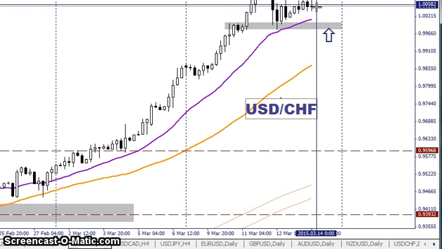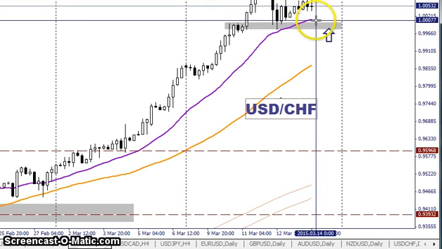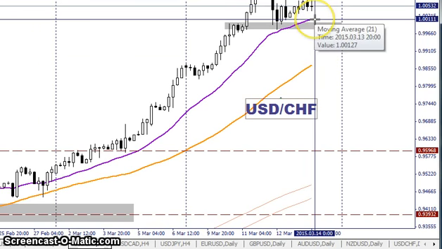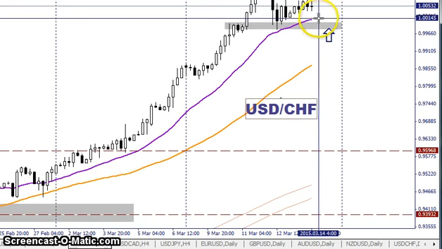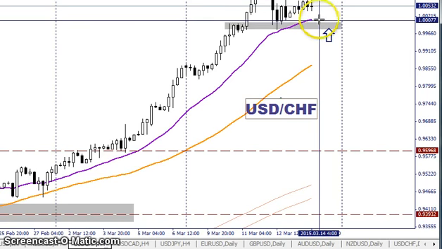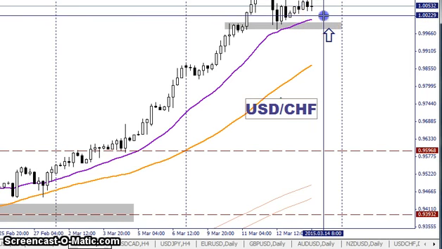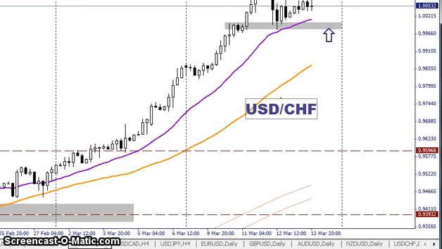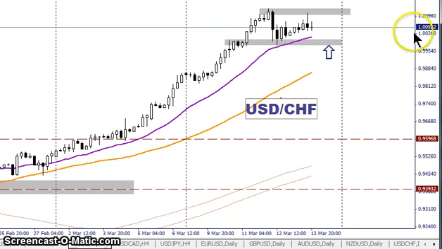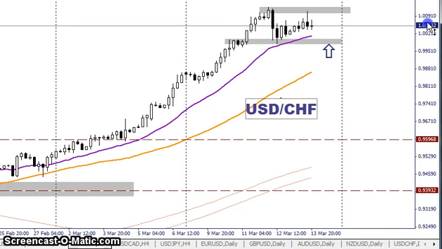I'm expecting or hoping that price will come down at least to the 21 EMA again, and then I'm looking for bullish evidence to the upside, and then trade this currency pair at least to test the previous swing high, which is just to the left of where my crosshair is, for at least 95 pips, and then much higher again up to the next zone. So this is what I'm looking for.